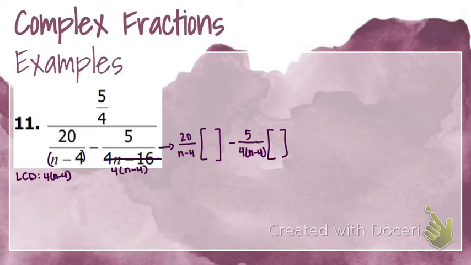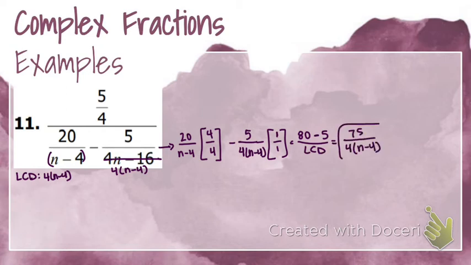Well, the second one is already our LCD. So we just multiply it by 1 or don't do anything, whatever you want to call it. And to change the first one to the LCD, we need to multiply by 4. So 20 times 4 is 80, minus 5 times 1 is 5, over our LCD. 80 minus 5 is 75, and let's go ahead and bring our LCD over.